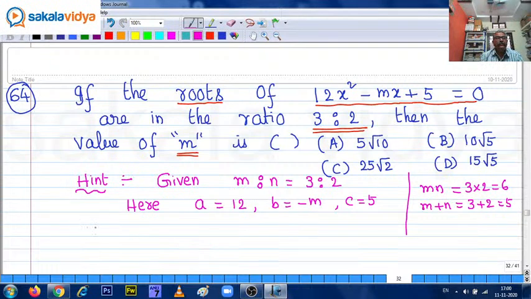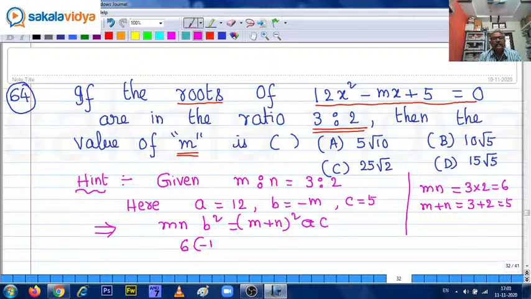So now we have the super shortcut. mn b square equals m plus n whole square into ac. Let us substitute. mn equals 6. b square means minus m whole square. m plus n is 5, square is 25. ac is 12 into 5.